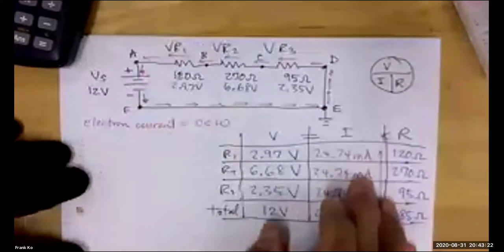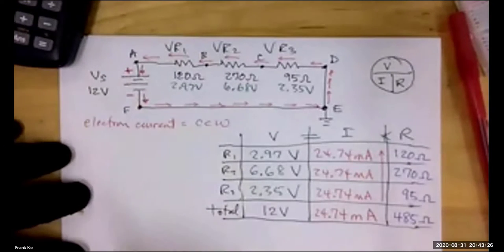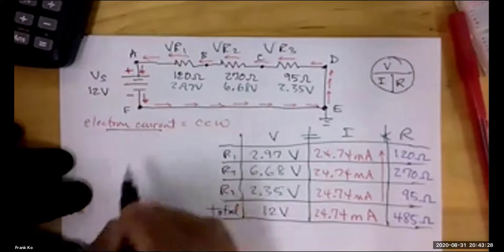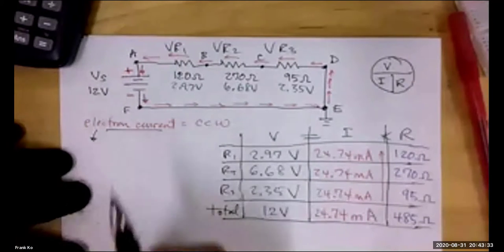So they leave the negative plate. Now, a couple of things here that you need to make note of, and this is in your lecture notes. Electron current, in this case, happens to be counterclockwise, but here are some absolutes.